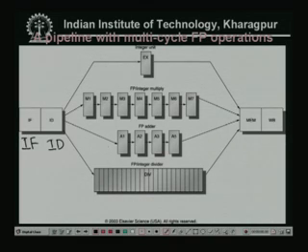Now, two operations are shown here. One is multiply, the mult, and here this is the adder, addition. So, this is our execution mode, EX. This is the execution phase.